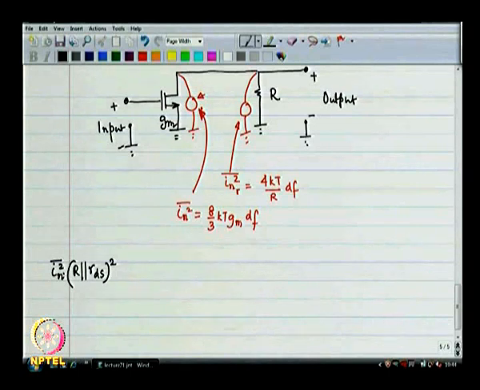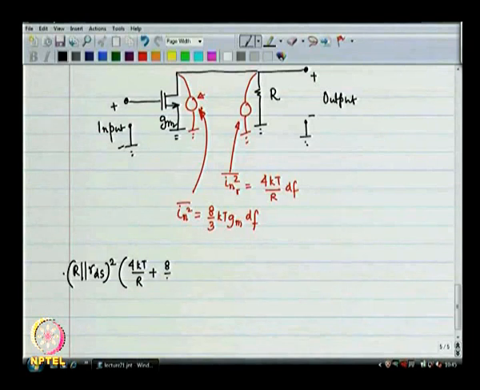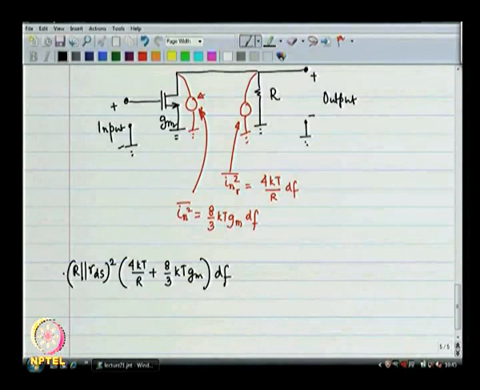Okay, this is for the channel noise, and similarly for the resistor noise, they are both looking very similar, they are in the same place in fact. These two come in shunt with each other. Okay. So, the total noise is so much.